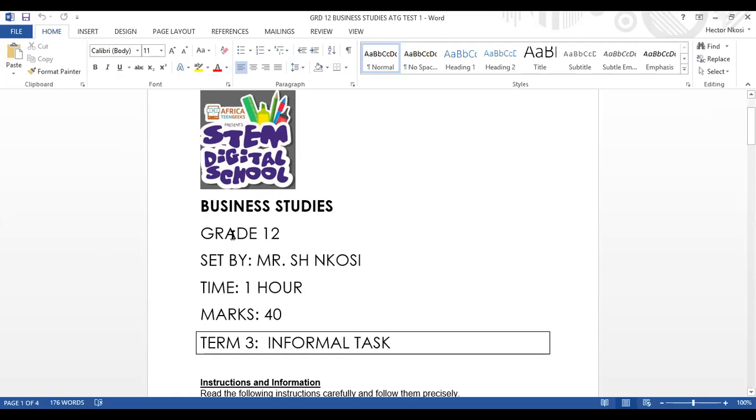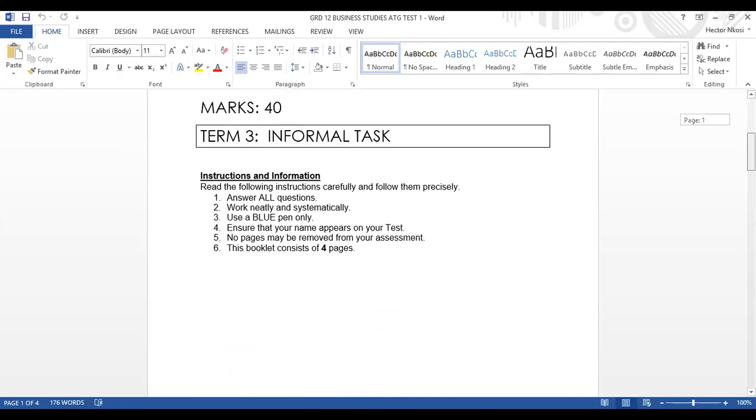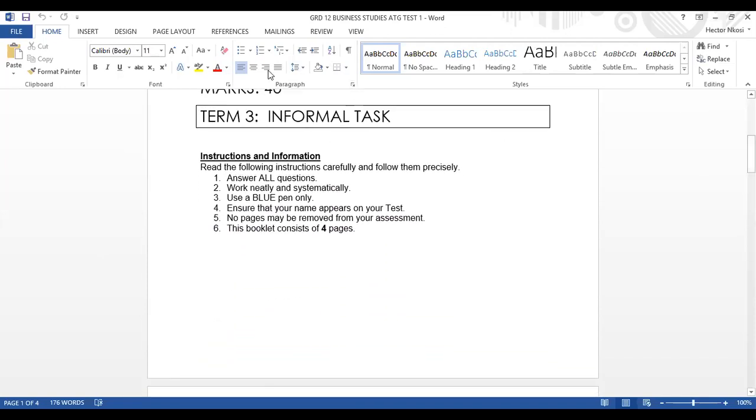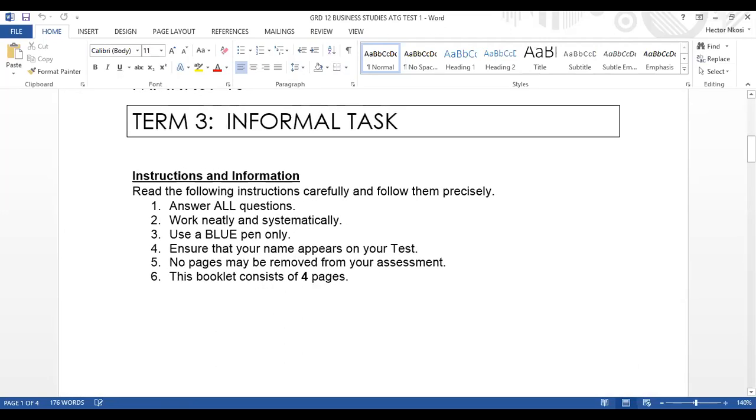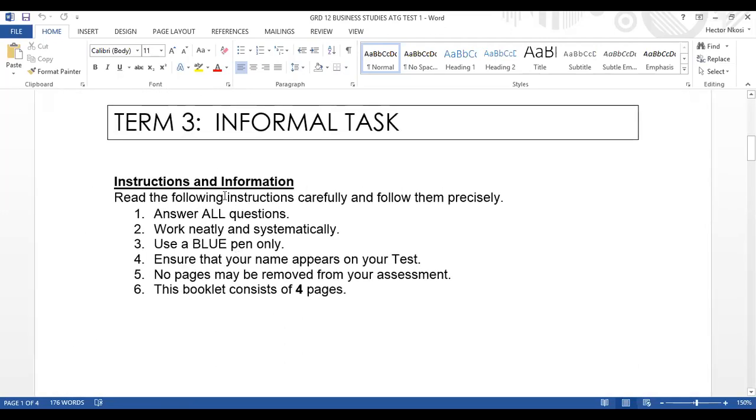Now, grade 12s, this assessment was set by myself, and it's 1 hour long and it's for 40 marks, right? And remember, each and every assessment or test or task, you must always read your instructions. So for example, here the instructions read: read the following instructions carefully and follow them precisely.